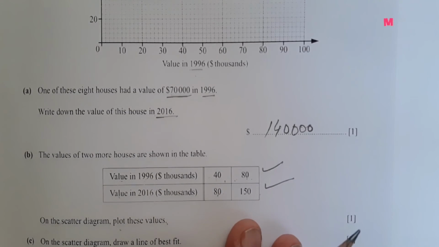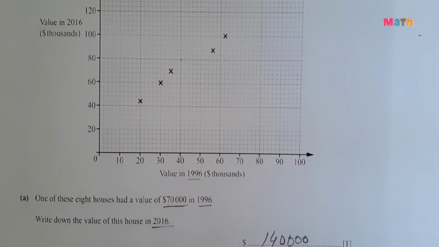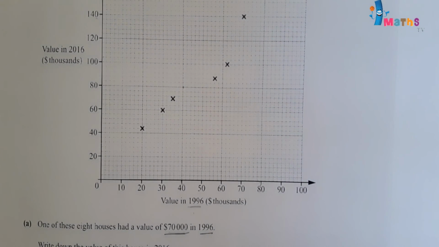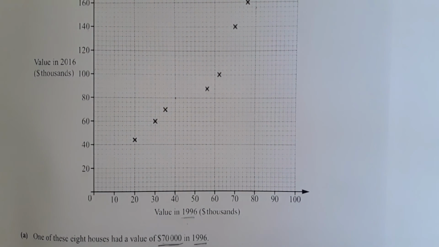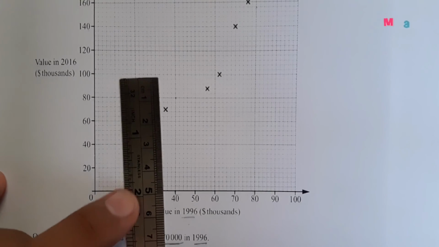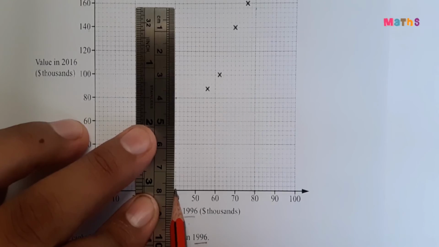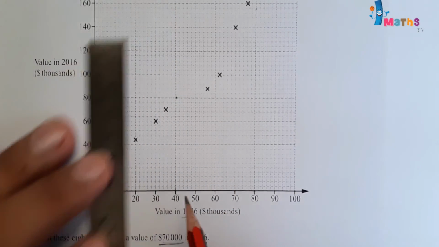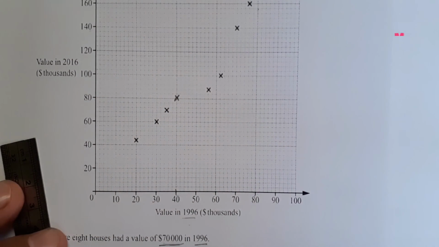We'll check in 1996, it should be 40, and the same should be 80. So 40 will be this one, and 40 and 80 will be this point. We can mark this point like this.